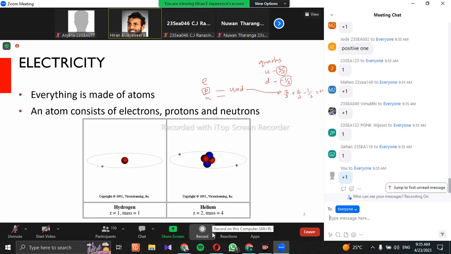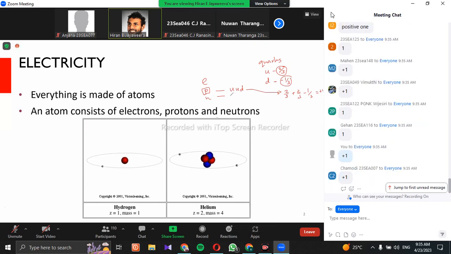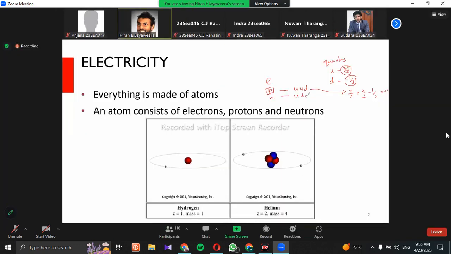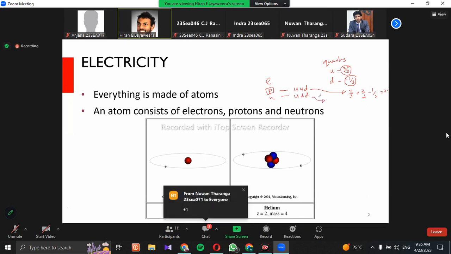And for neutron, it is UDD. So can you find the charge for the neutron? For the neutron, it is 0, right?